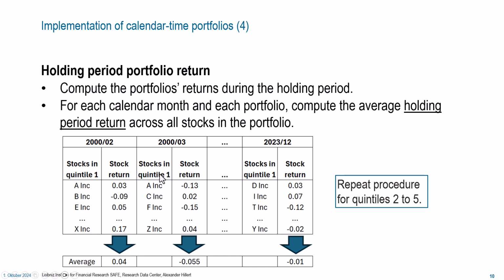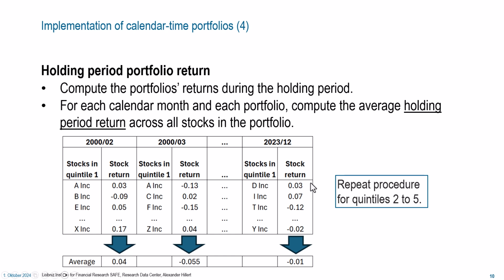Then we do the same in March. Remember, the portfolios that we have in March have been formed at the end of February, and there could be changes from January to February. But stocks can also remain. So if the market cap does not change a lot and if breakpoints do not change, then companies will still be in the same portfolio.